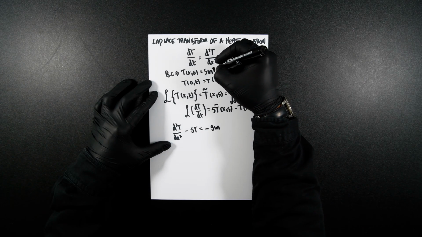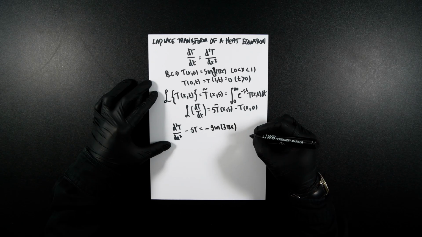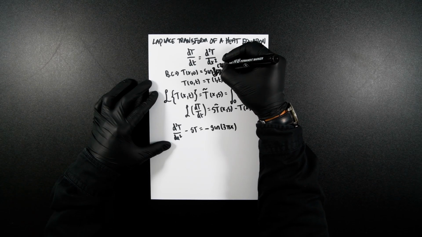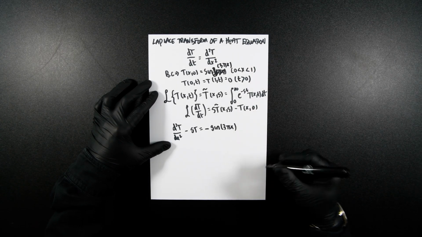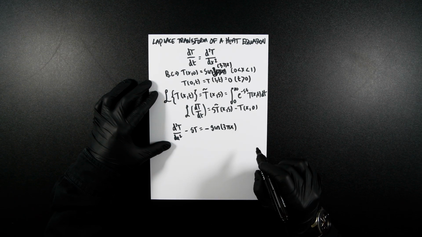That should be a 3 actually, shouldn't it? Yeah, 3 pi x. Let's do that. 3 pi x. I don't know why I wrote that silly. I should write that again. 3 pi x. So now it's going to be minus sine 3 pi x.